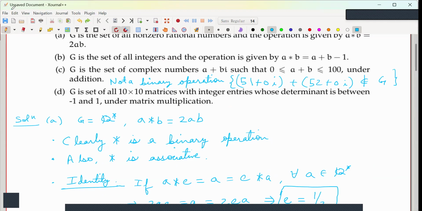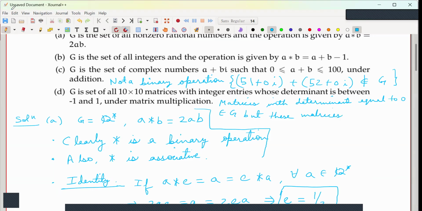Or simply I can write matrices with determinant equal to 0 belong to G, but these matrices don't have an inverse. Thus, this doesn't form a group.